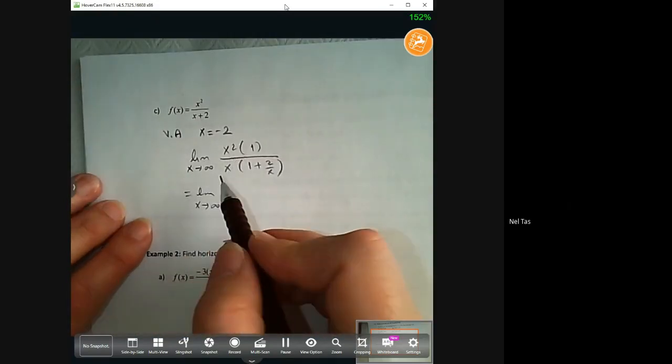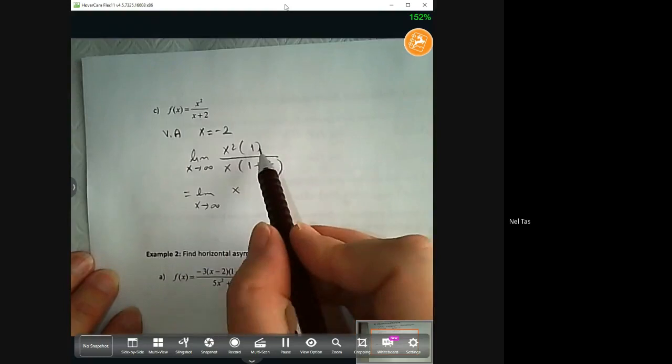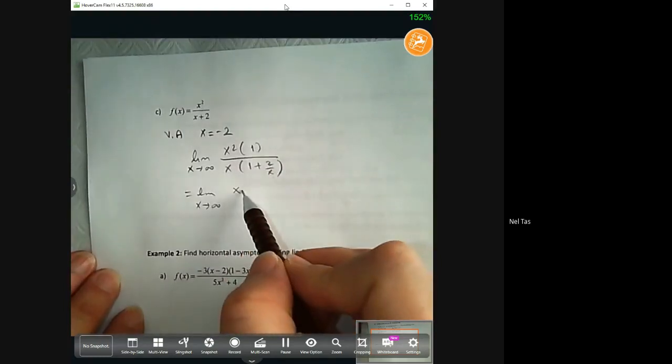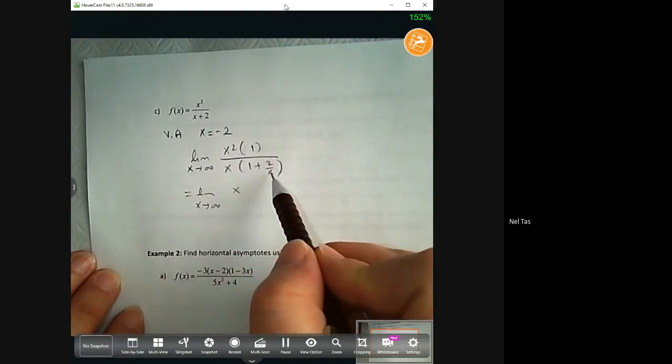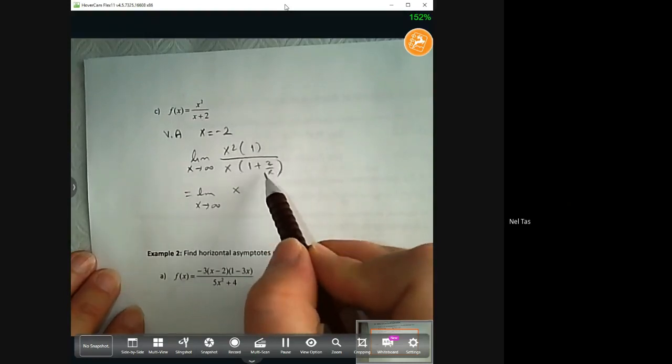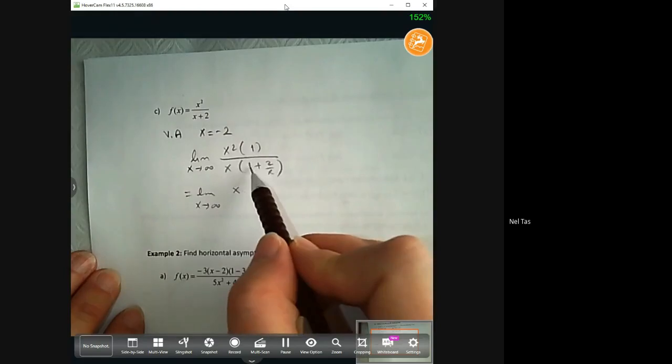So if you simplify this, x squared and x can be simplified, and that gives you x over 1, which is x, times 1. And here, 2 over x is, again, 2 over a very big number. The limit of it is 0. So that gives you 1. So you end up with this, okay?